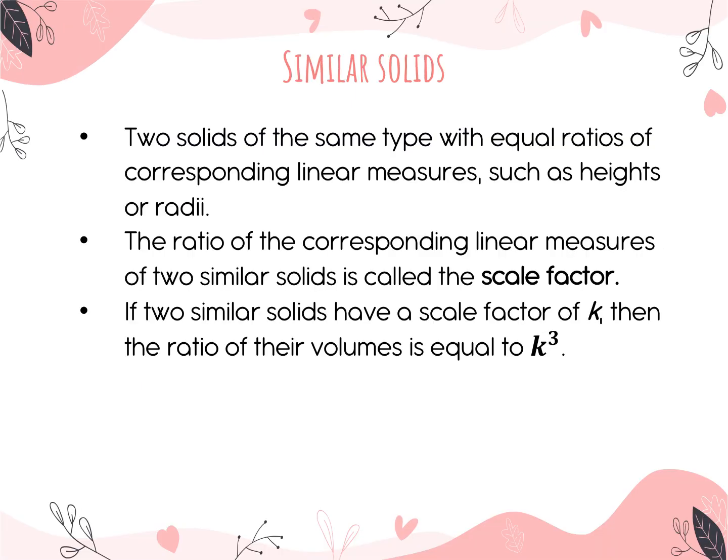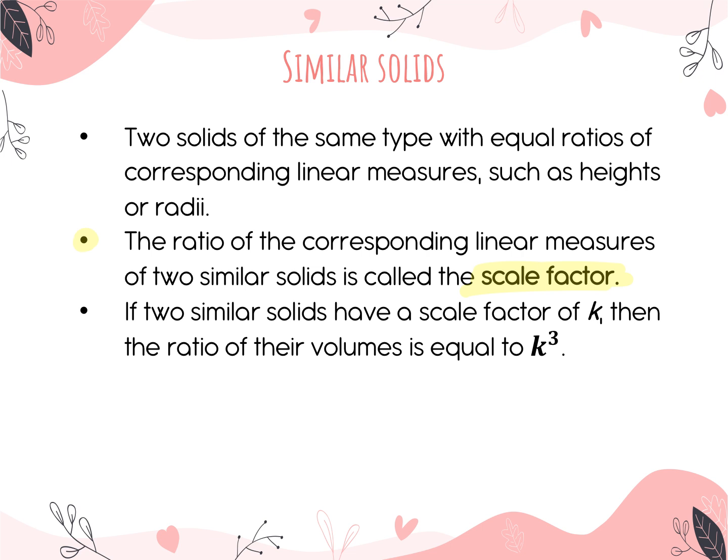All right, similar solids. Similar shapes are two solids of the same type with equal ratios of corresponding linear measures such as a height or radii. Most important thing is the ratio of the corresponding linear measures of two similar solids is called a scale factor, which we have dealt with. So we're dealing with scale factor again.